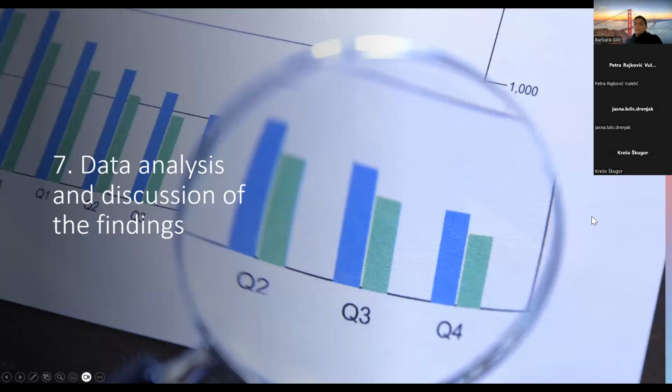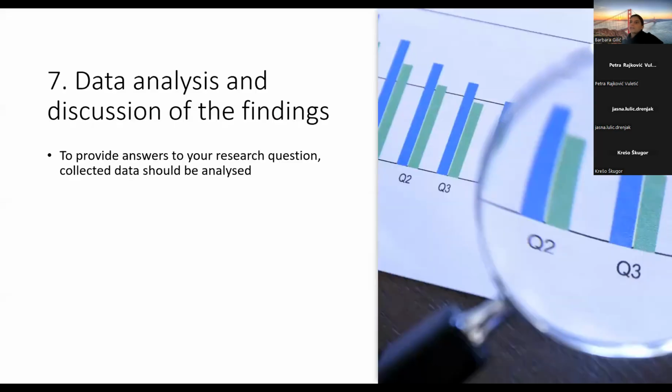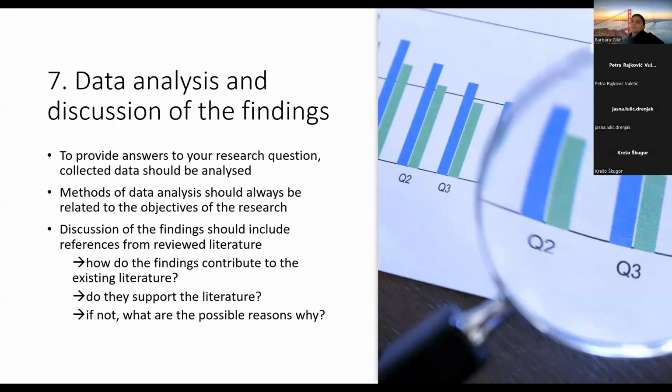Okay, the seventh stage of your research process is data analysis and discussion of your findings. So when you collect your data, you have to analyze it because this is used to give you an answer to your research question, and so your collected data should be properly analyzed.